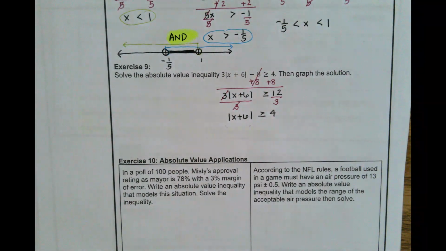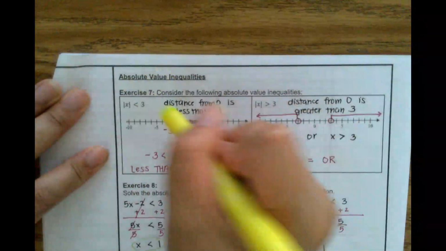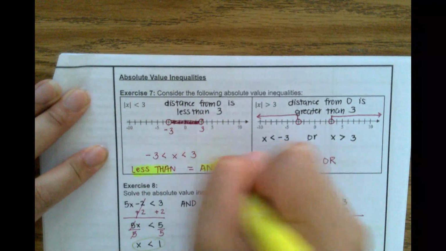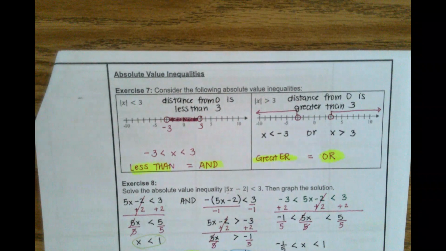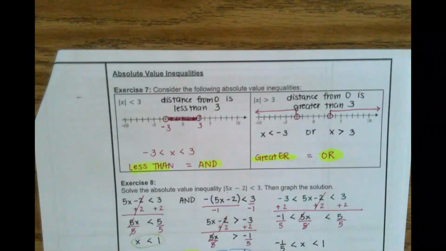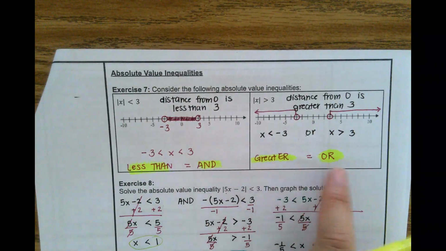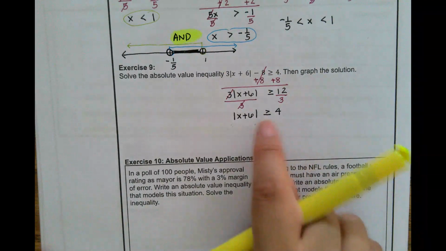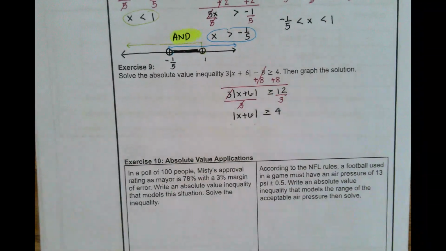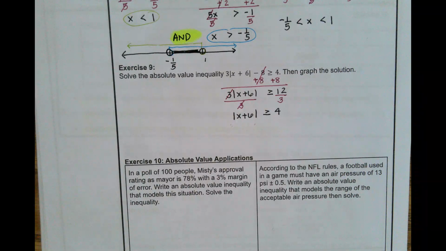Okay? Because this is a greater than, right? So again, less than is "and." Greater is "or." Okay? So how I remember: less than "and," greater "or." Okay, so here, now that my absolute value is by itself, it's greater, so this is going to be an "or" inequality.